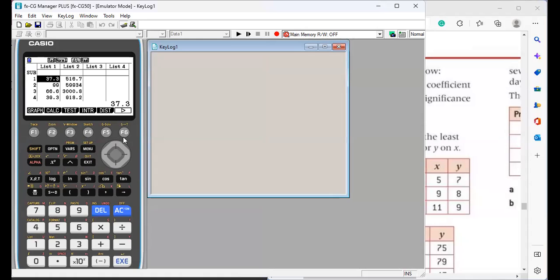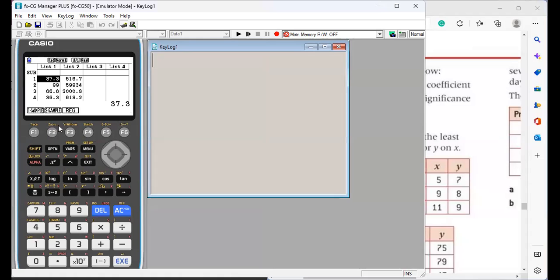When you click on start, you will have this type of interface. There is a test option here, so press F3. For the PMCC, we will do the T-test. You can see T is over here.